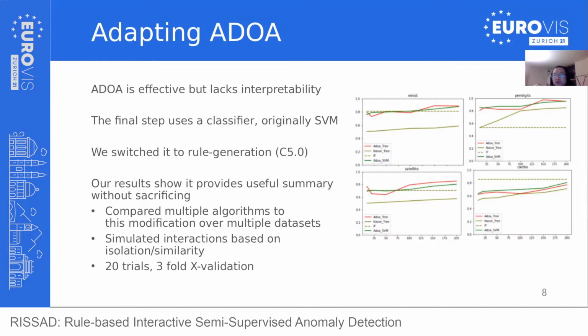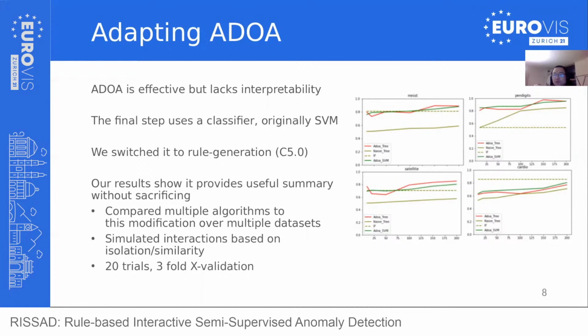We also compared it to two other algorithms, a decision tree that is run only on the labeled samples of our dataset, and the isolation forest, which is a state-of-the-art algorithm, since they represent a fully supervised approach and an unsupervised approach. The simulation results are shown on the right.